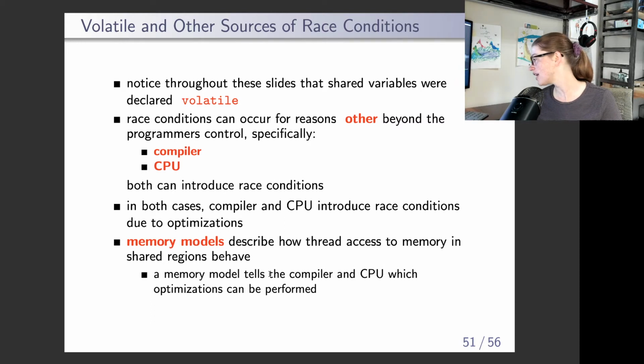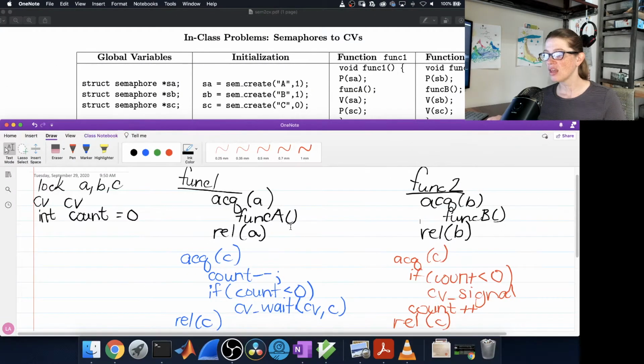Somebody says, what if we context switch to function 1 before incrementing count? That's actually not possible. Let's suppose that you context switch in between CV signal and count plus plus. We would wake up inside of CV wait.